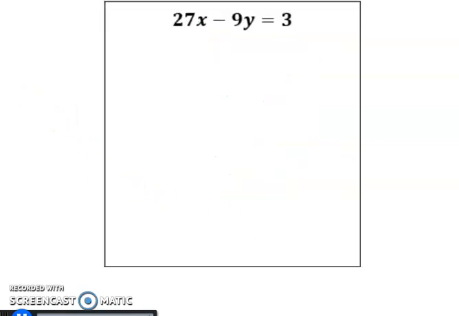Okay, let's do it again. Here we go. 27x minus 9y equals 3. So first zero out the x because we want it on the other side. So minus 27x on both sides. That zeroes out. We're left with negative 9y equals negative 27x plus 3. Almost there.